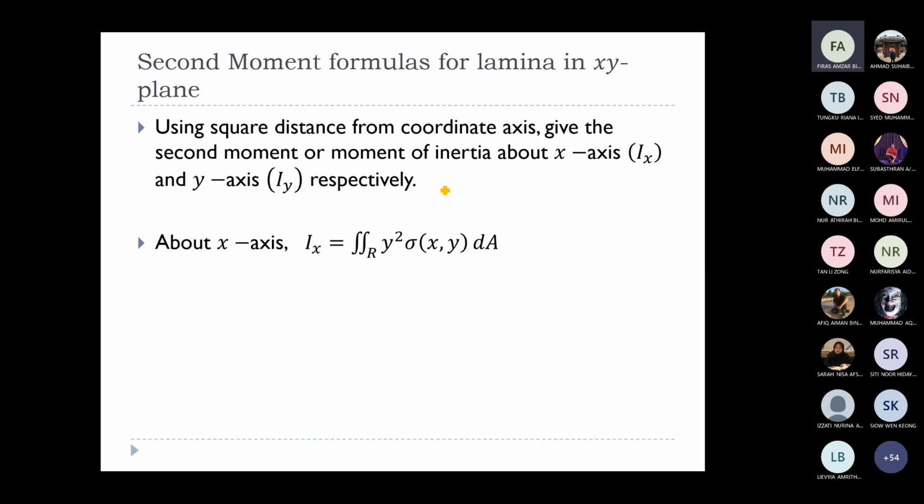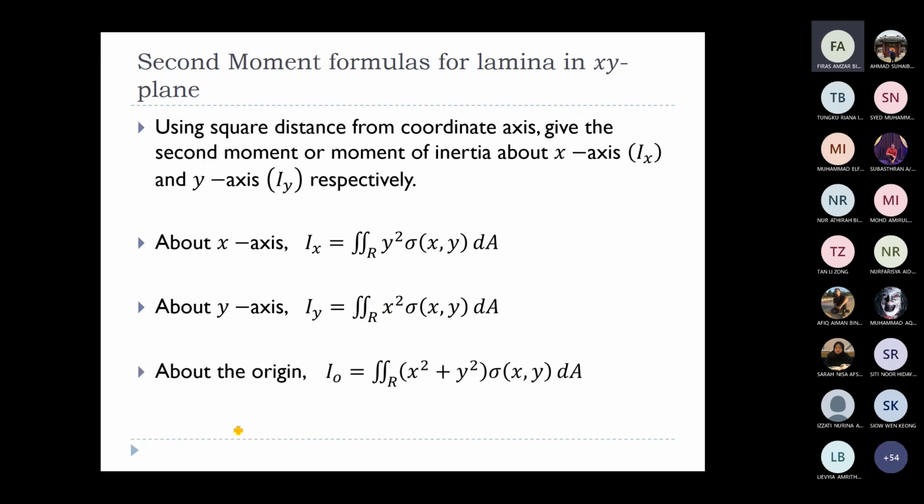About the x-axis, the inertia is given by Ix equal to the double integral over the region R, y squared sigma xy dA. About the y-axis, Iy equal to the double integral over the region R, x squared sigma xy dA.